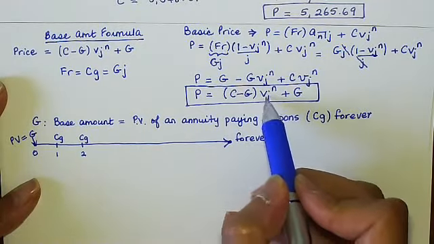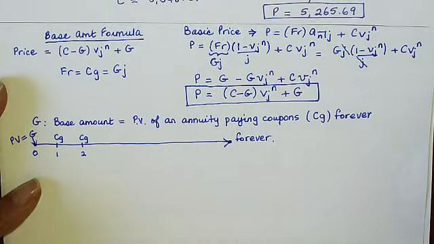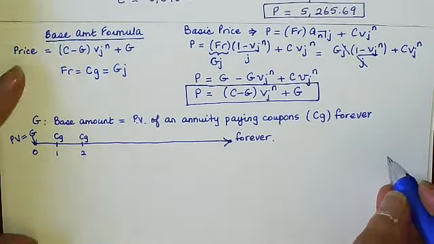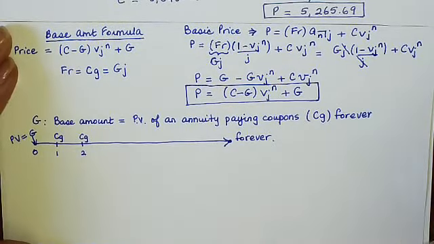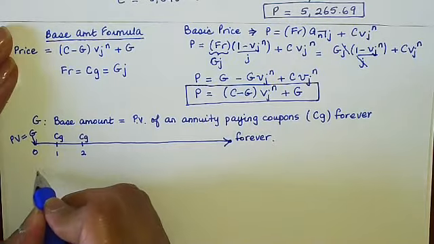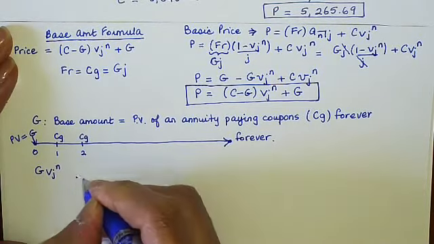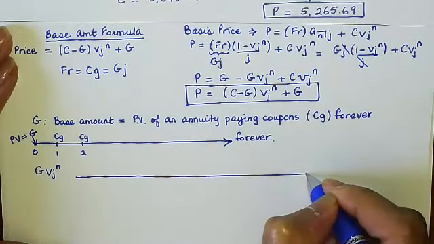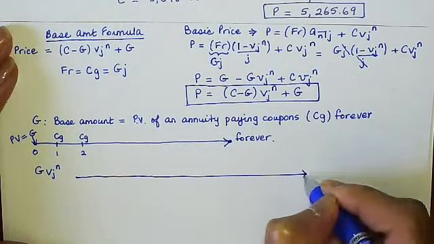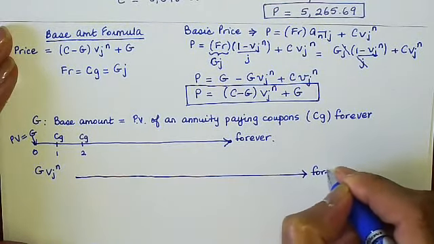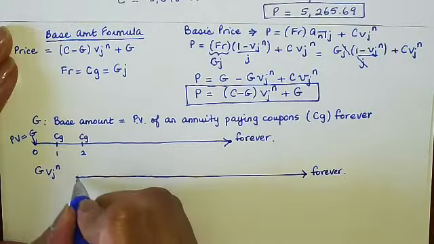Next, let's look at this GVj to the N term. Well, the fact that I see a Vj to the N there implies that I'm discounting. So what am I discounting? Let's draw a timeline. Forever. Again.